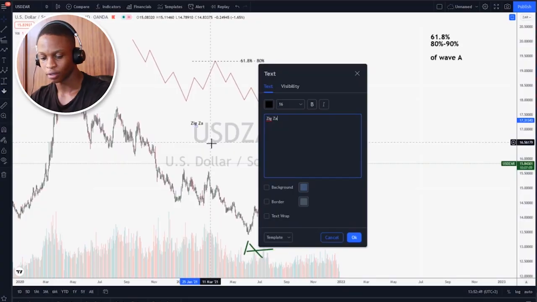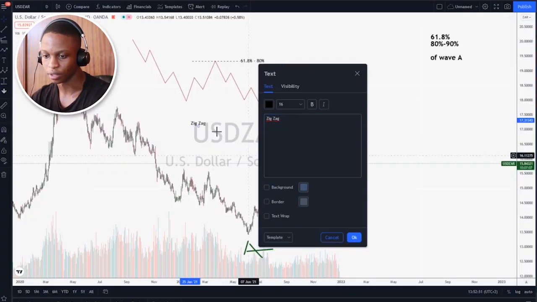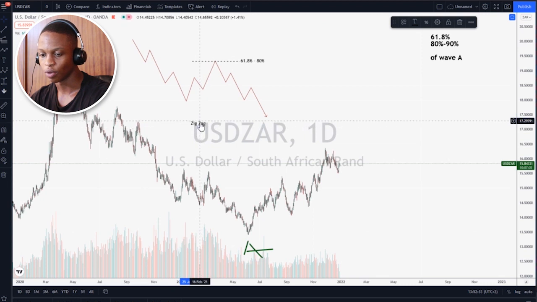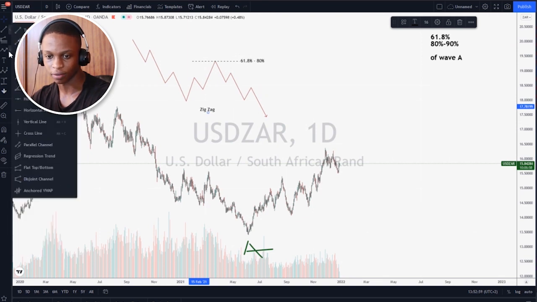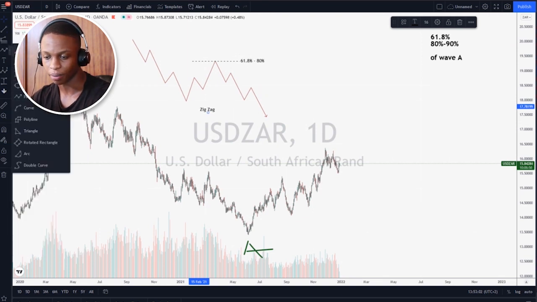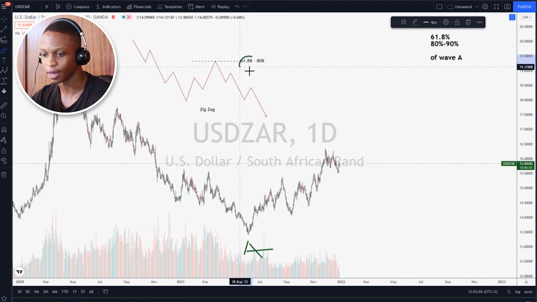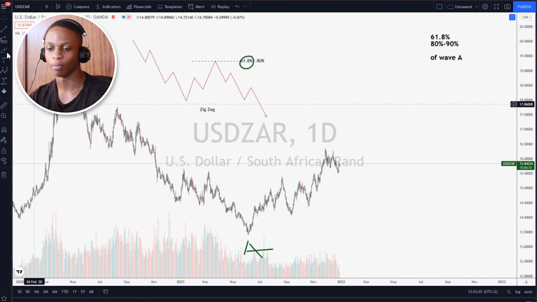So wave B in the case of a zigzag correction usually pulls back between 61.8% and 80%, but the majority of the time, and by majority I'm talking about more than 80% of the time, we have a 618 pullback.